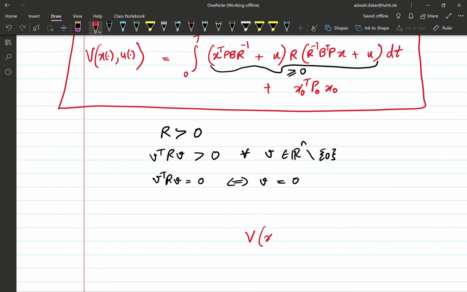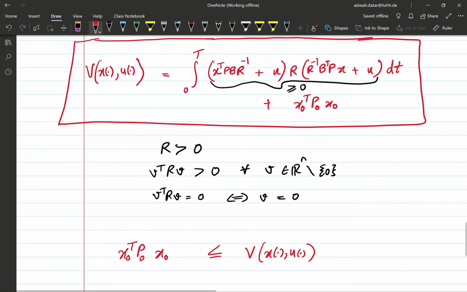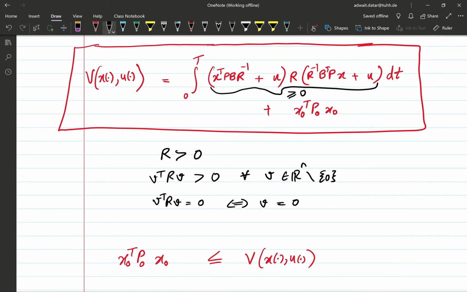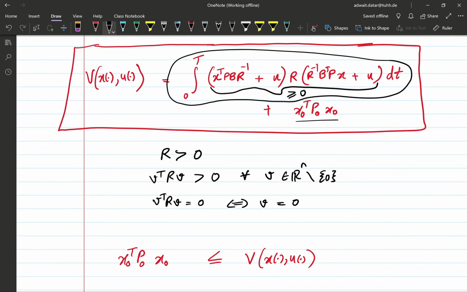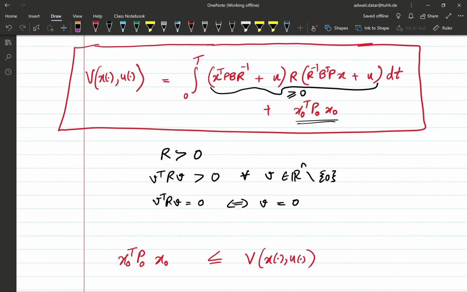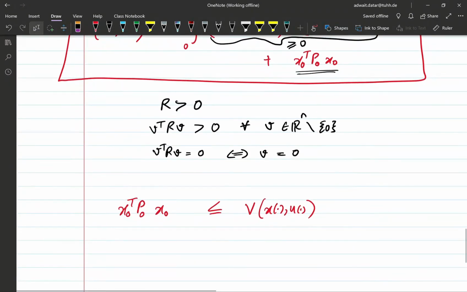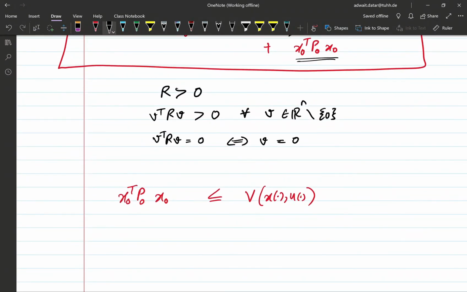So we have V is lower bounded by x0 transpose P0 x0, because this whole thing is something positive that is added to x0 transpose P0 x0, and therefore this is a lower bound on V. Now we can even propose a u.